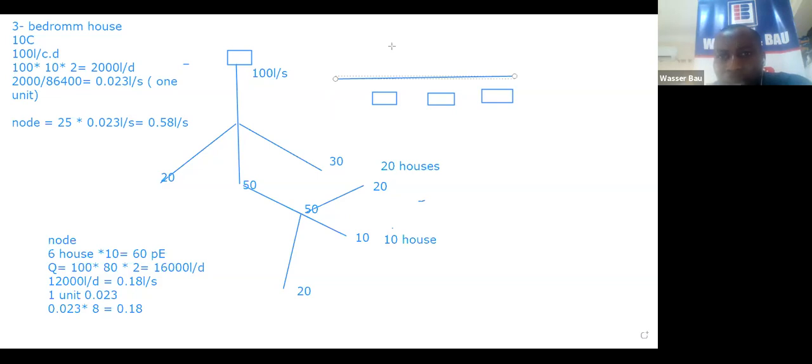Everybody is connected to the house. So this is a house connection. This is a house connection. This is a house connection. And I'm supplying them with, say, 50 liters per second.